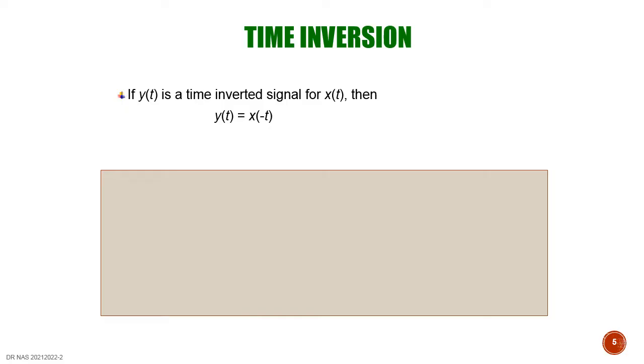Let's look at the first operation in time. Remember the general equation, y equal to x(t). When there's time inversion, you need to look inside the bracket. Here there's an additional notation inside the bracket, which is negative.